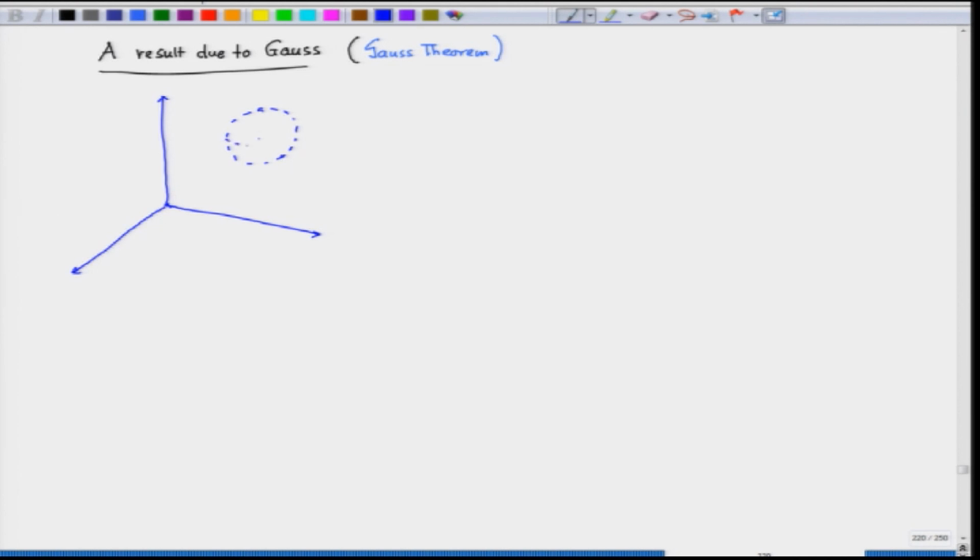So, essentially this is the origin, and the origin is outside the body. So, this is your volume V and this is the surface, S is del V, the spherical surface, the sphere.